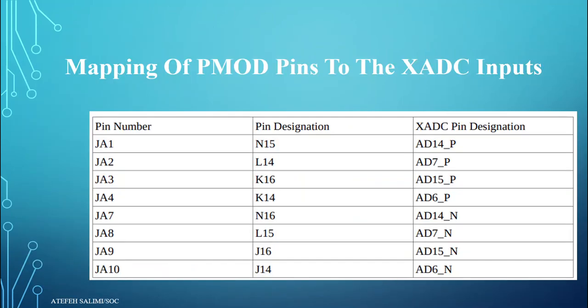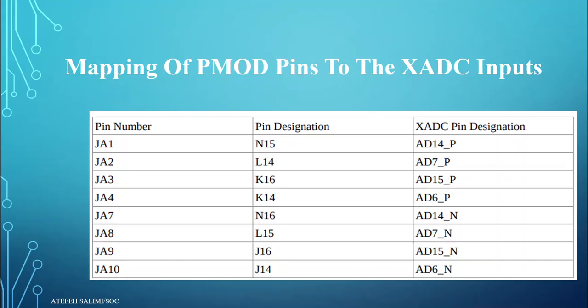On the Zynq device on the Zybo board, the mapping of these pins to the XADC input is summarized in this table. Pins JA5, JA6, JA11, and JA12, as explained earlier, are connected to VCC and ground and are therefore not included in the table.